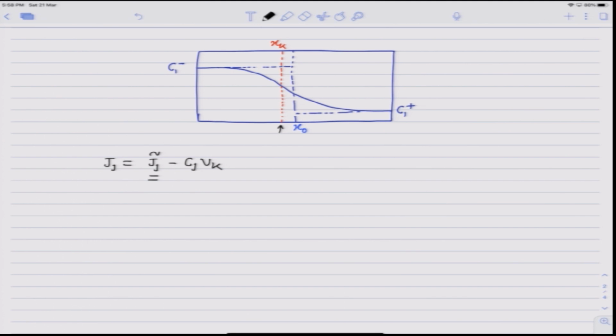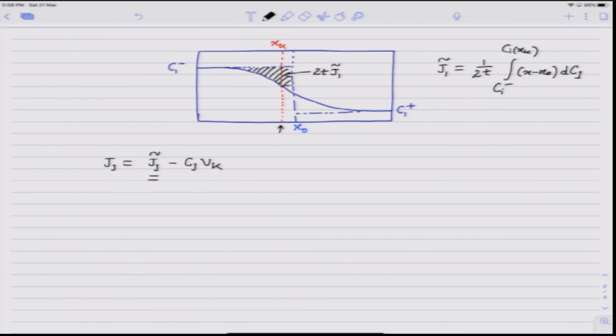So if we want to find out J1 tilde, that is the interdiffusion flux at xk, it will be simply 1 over 2t times the area under this curve. So it would be this area, this is basically 2t times J1 tilde, because we derived this expression J1 tilde is equal to 1 over 2t integral C1 minus to C1 at xk of (x minus x naught) dC1.